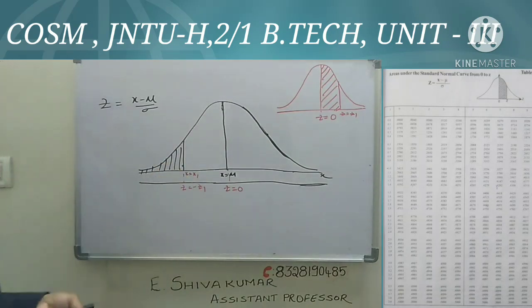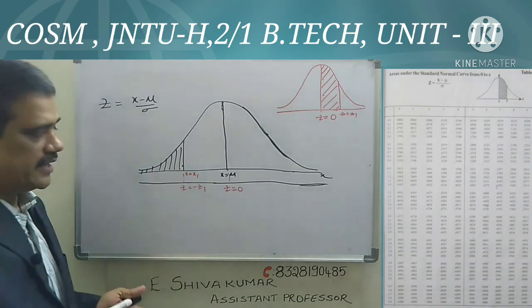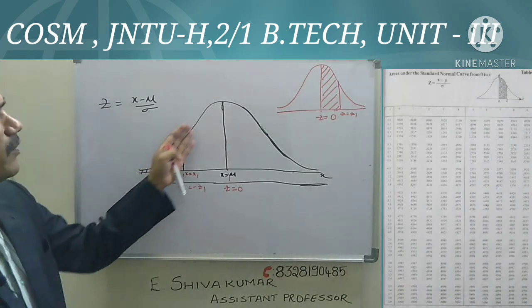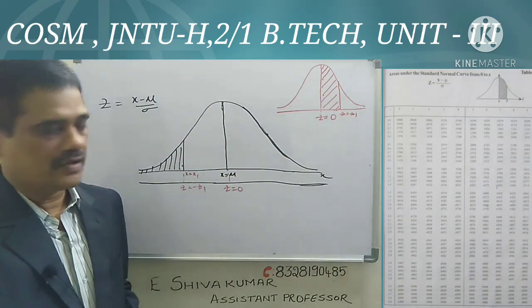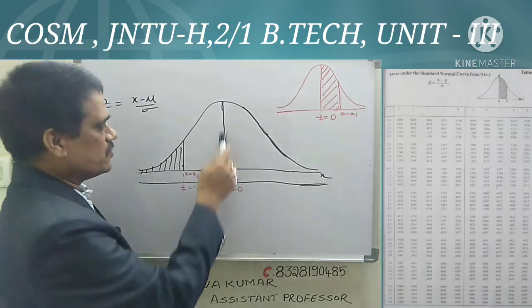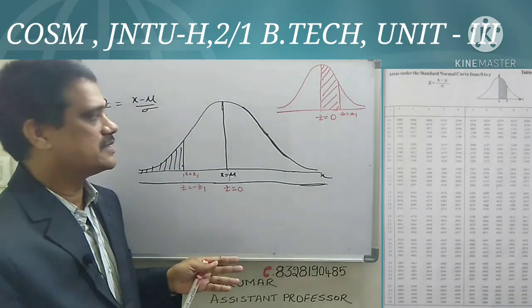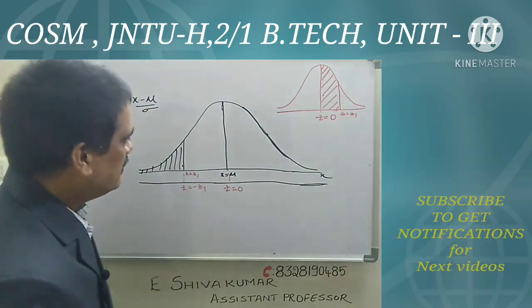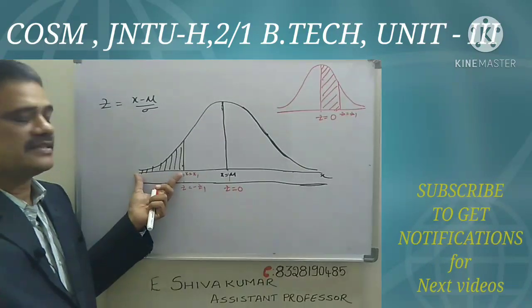How we have to calculate? So now I am going to explain how we have to calculate this area. So carefully observe. We know in the normal distribution curve the total area is always 1. That means this line x is equal to mu divides this total area into two equal parts. That means this is 0.5, this is 0.5. Then if it is 0.5, then we can easily calculate this one.